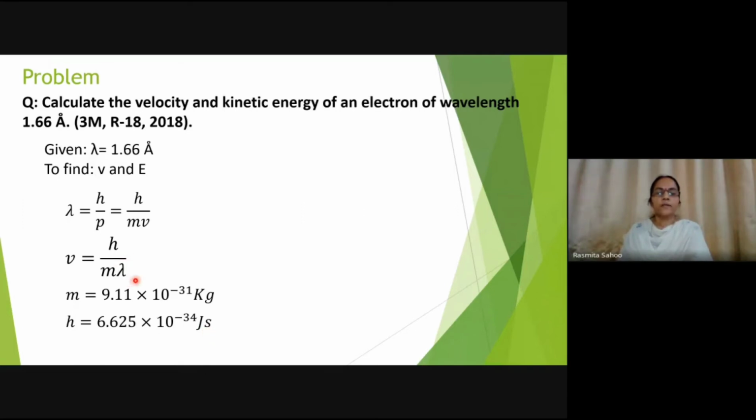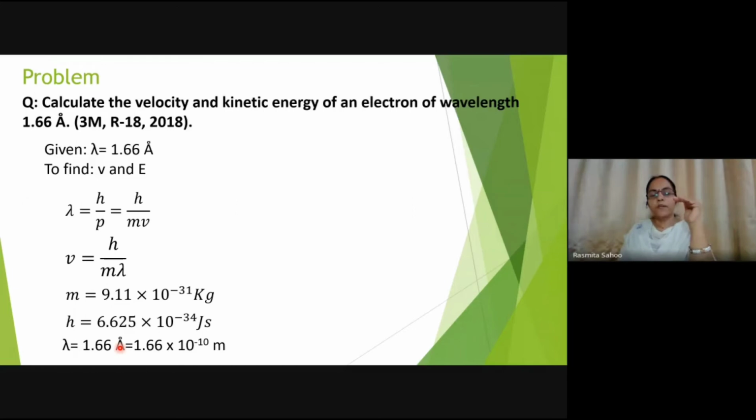And what is the value of lambda? That is given in the question as 1.66 angstrom. Always remember that whenever you are solving a numerical, you need to consider all the parameters in one system of units. Here, this is kg, this is joule second, both are in the SI system. But this angstrom is not a unit in the SI system.